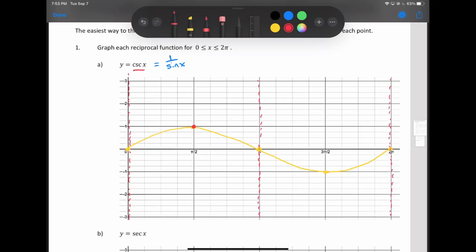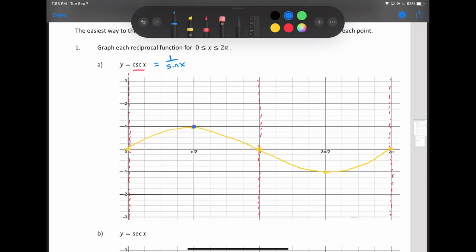Now I just have to say, okay, what happens to a function, or what happens to a fraction, I guess, when the bottom gets close to 0? So something like 1 over 0.0001. 1 over 0.0001 is 1,000. So as I get closer to 0, I'm going to go to infinity.